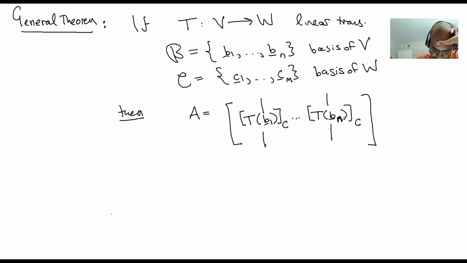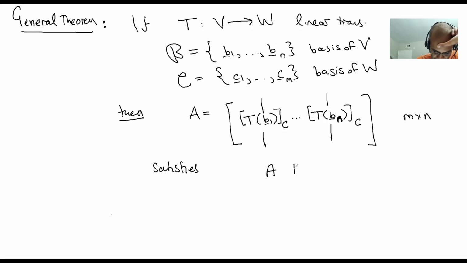How many columns are there? There are n columns, right? Because there's one column for every basis element of V. And how many rows are there? m rows, because the number of coordinates in a coordinate vector of an element in W is m. So this is an m by n matrix.